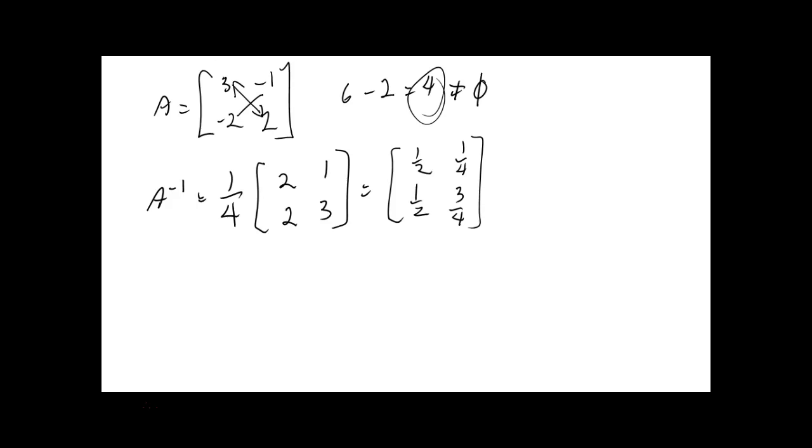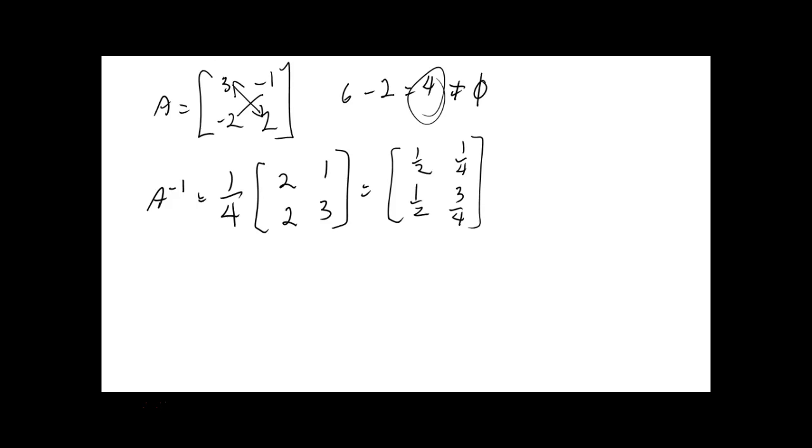Instructor: I'm not sure I understand your question. Why, when you multiply this by that, you get that? 1/4 of 2 is 1/2. 1/4 of 1 is 1/4. 1/4 of 2 is 1/2. And 1/4 of 3 is 3/4. Right? Did I make a mistake there? No.